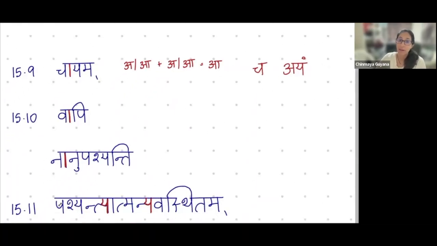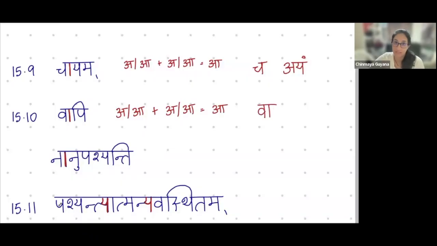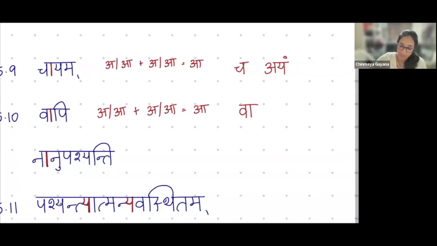Okay, vāpi. Even this you should have all gotten. A or ā plus a or ā equals ā. And it's going to be vā, which is an indeclinable, and api, which is also an indeclinable.